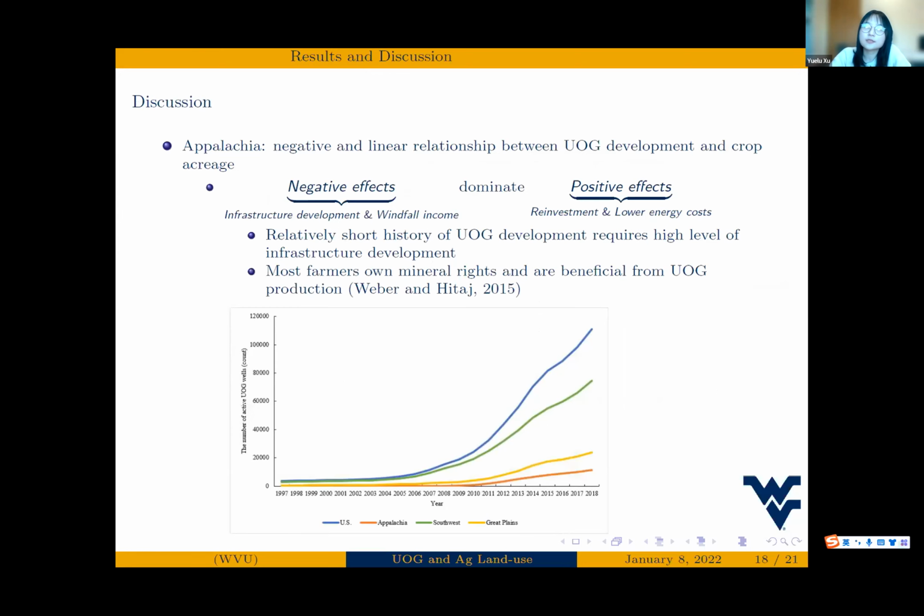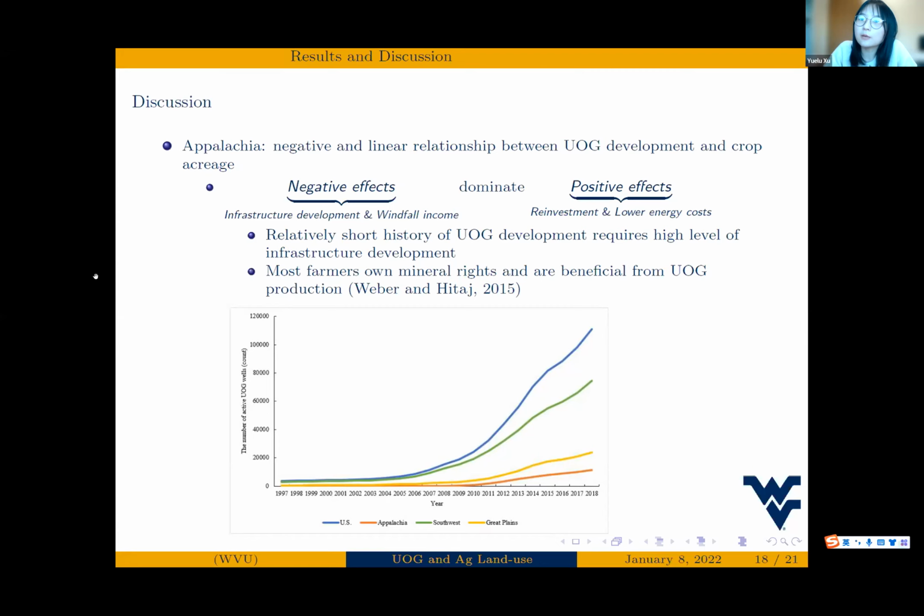The results presented indicate that the effects of UOG development on county crop acreage vary by region in terms of both size and magnitudes. In Appalachia, the negative effects such as the infrastructure development and windfall income from UOG production dominate the positive effects, leading to the reduced crop acreage. This could be driven by 2 reasons.